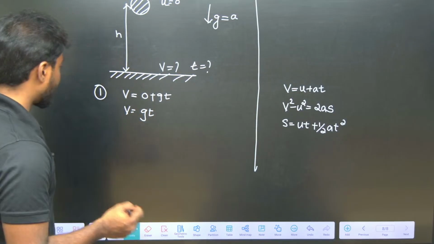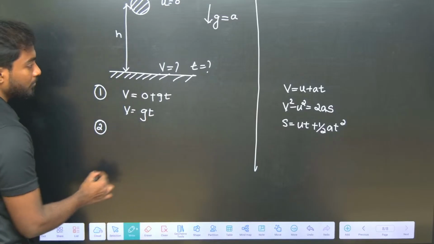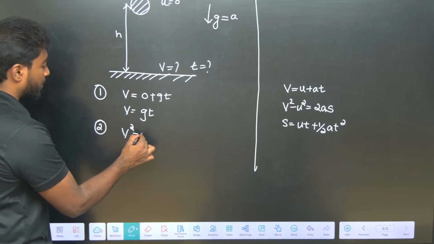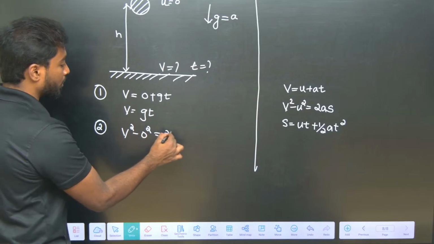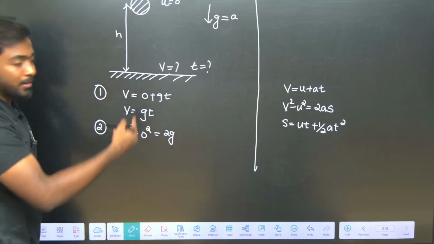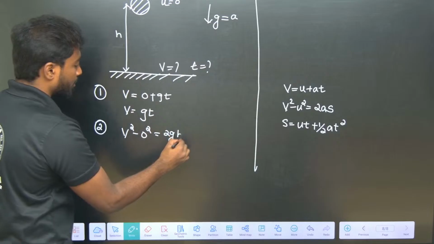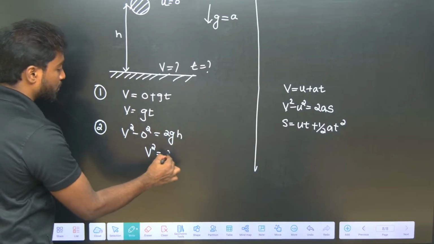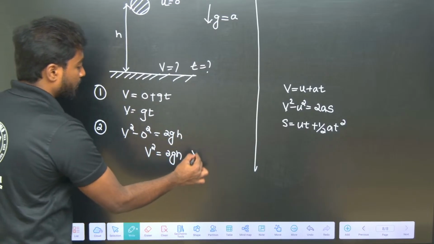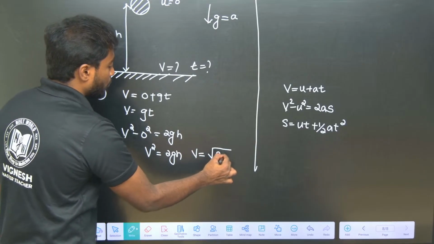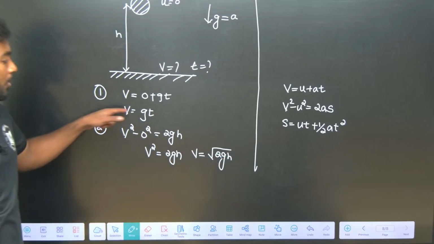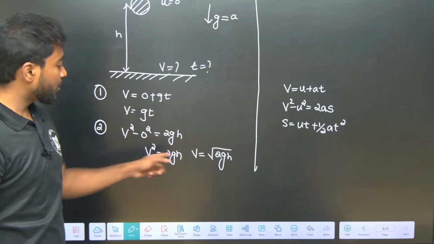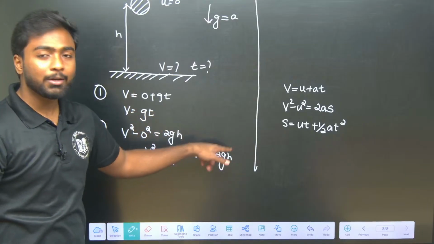Second equation: v² − 0² = 2 × g × displacement, and s here is h. So v² = 2gh, v = √(2gh). So v in terms of t is gt, and v in terms of h is √(2gh).